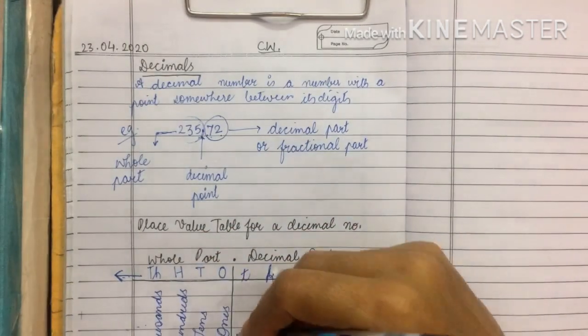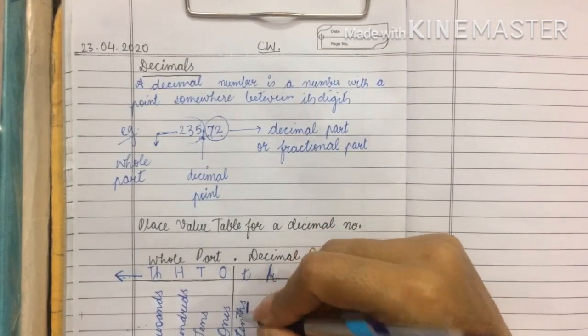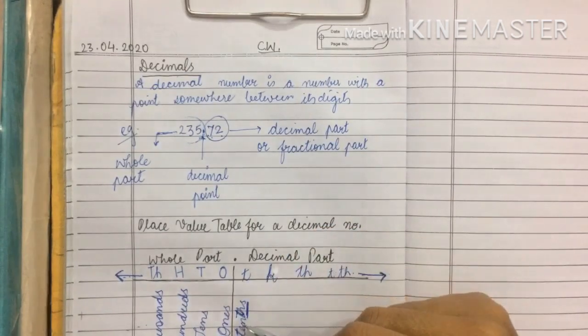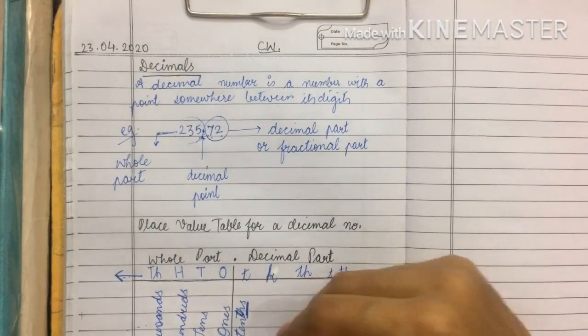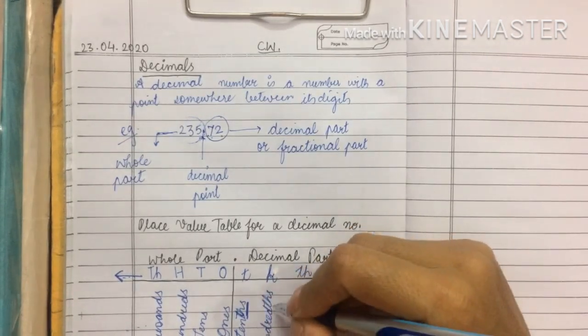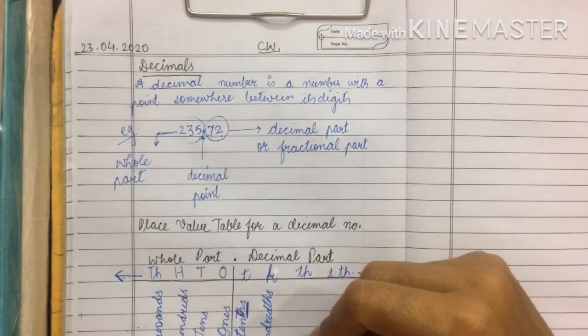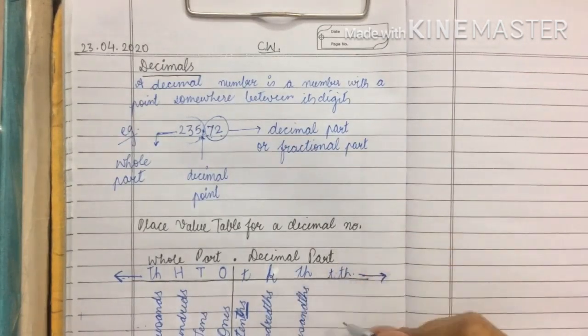And towards your right, the first place that we have is tenths. Now this is an ordinal number. The way you write an ordinal number, it's not tens, it's tenths. Then you have the next place, hundredths. You are writing TH at the end. Then you have thousandths, and so on.